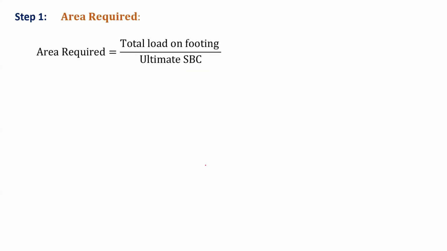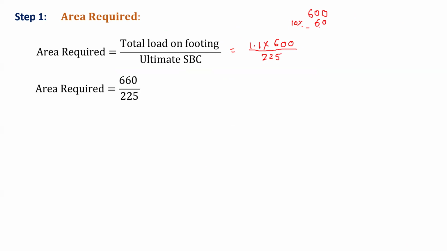Area required, for the pad footing we have seen. Total load on footing upon ultimate SBC. Total load is 1.1 into 600. Here 1.1 means we are considering 10% as self weight. So 600 is the load on the column and 10% is self weight, and it becomes 660.